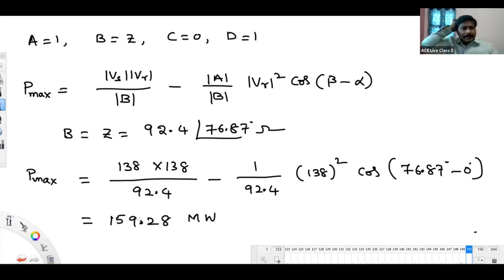This is the P maximum of the short line approximation. Why are we not using the given A? Abhijit, already they are using the short line model. For the short line model, A equals 1, right? The problem asked us to find it for the short line model. Short line model parameter A equals 1. That's it.